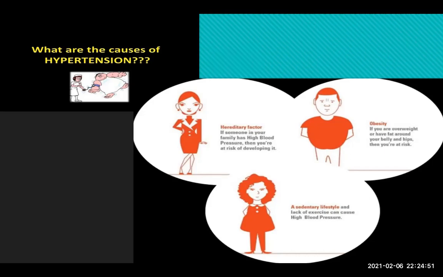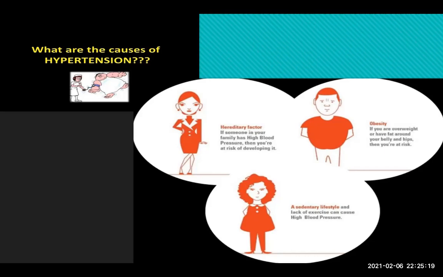it may be a hereditary factor related to family history, or secondary to obesity, which may lead to hormonal disturbance, or a sedentary lifestyle, where lack of exercise can cause high blood pressure. Also a stressful life, especially chronic stress, leads to a chronic increase of blood pressure.